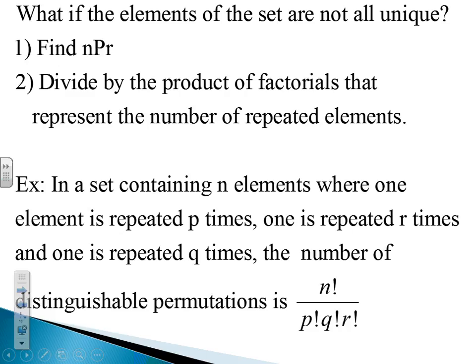Here we're getting into something specific when it comes to permutations. And it says it at the bottom, we're talking about distinguishable permutations. So let me give you a little definition about what they are.